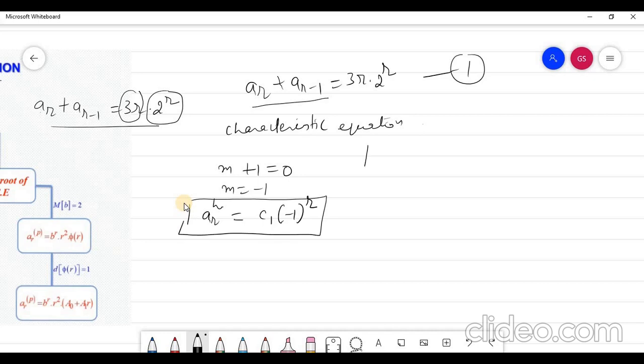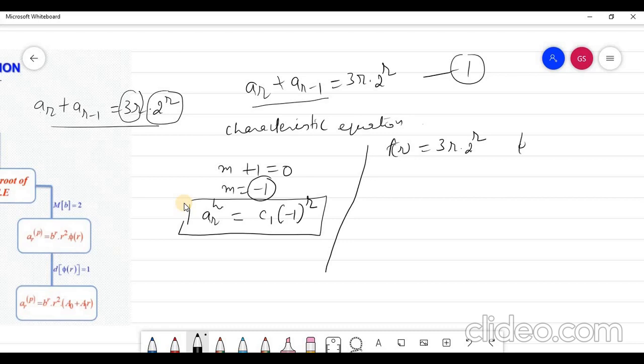Next, we will try to find the particular solution. Let's say we represent f(r) = 3r * 2^r. We found the root here, -1. It means that -1 is not the root, it is the 2^r here.